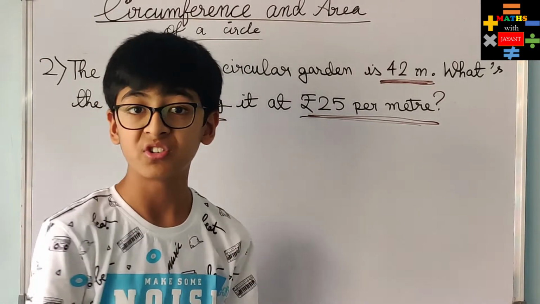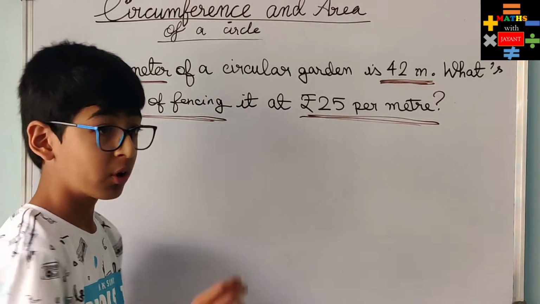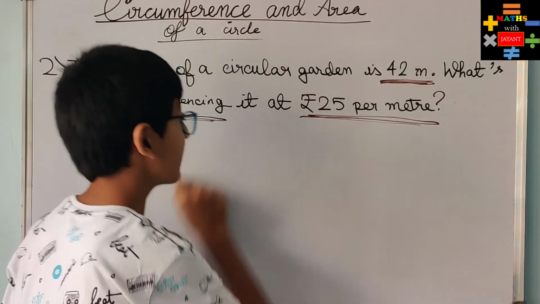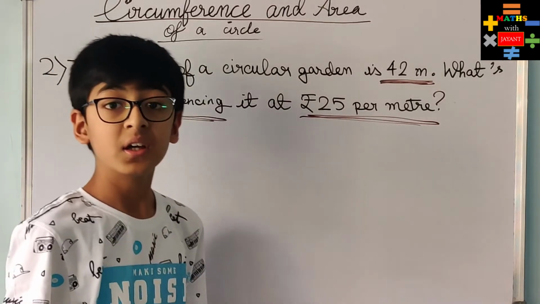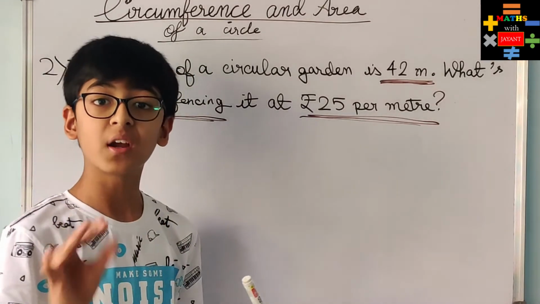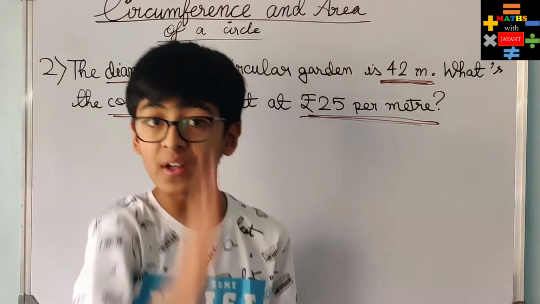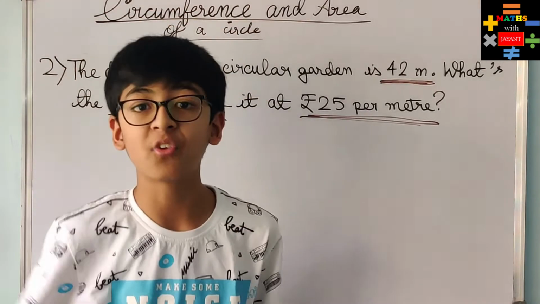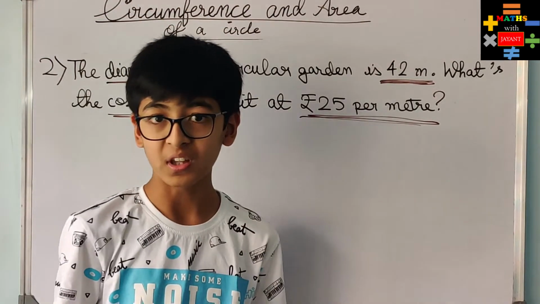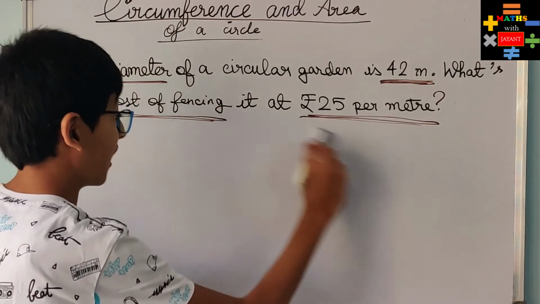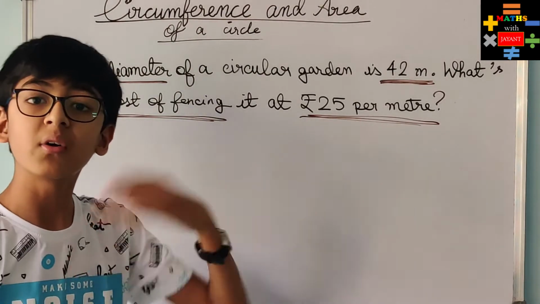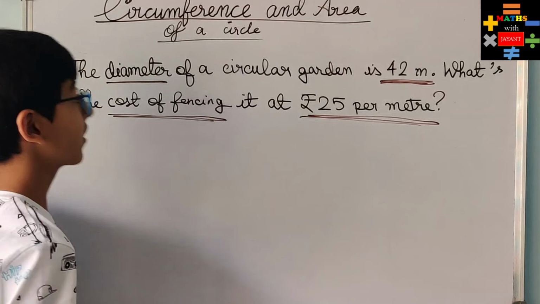How will we solve this question? Now one thing you need to note: whenever they use the word fencing, that refers to the circumference of the circle. Will you fence all inside the garden in its whole area? Nobody will be able to walk then, right? Fencing is around. So we are going to find the circumference.